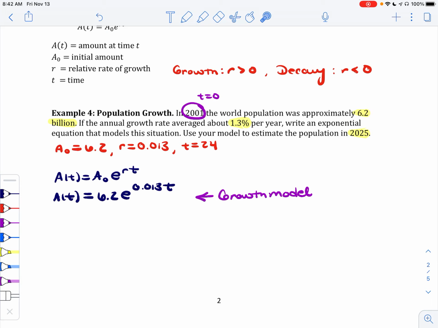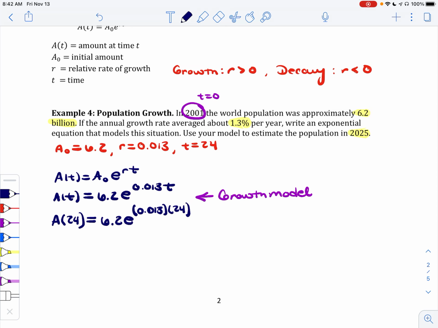Now we can use our model in order to estimate this world population in 2025. So now we can substitute it in. We're looking for A of 24. That'll equal 6.2 times e to the power of 0.013 times 24.